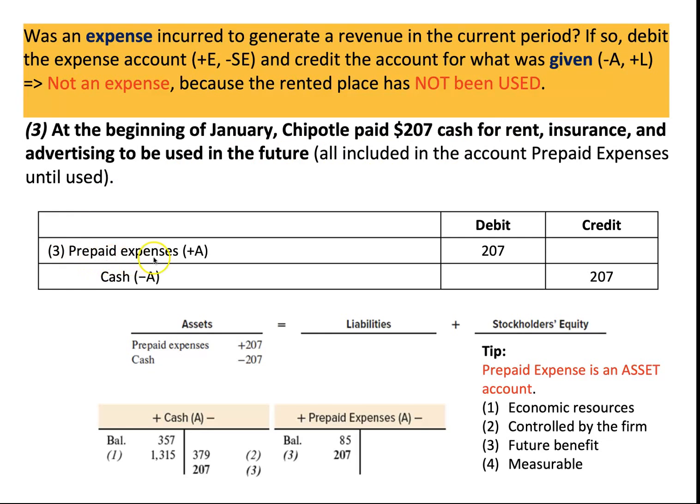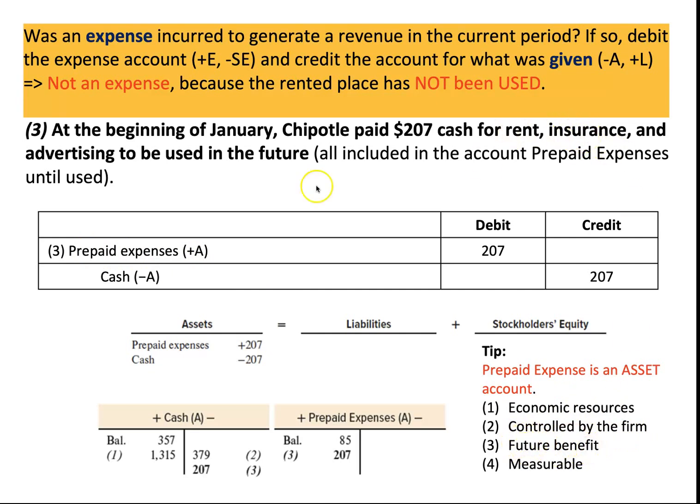So prepaid expense. Prepaid expenses are not expenses, although there is expense wording in the account name. Prepaid expenses are assets. Again, prepaid expenses are economic resources controlled by the firm that provide future benefit, right?